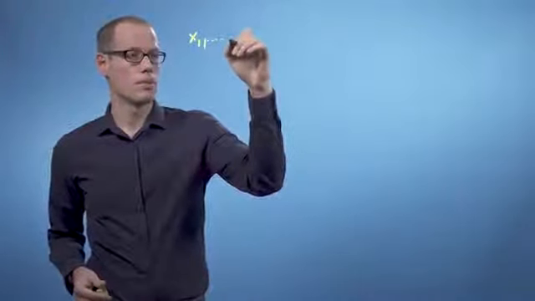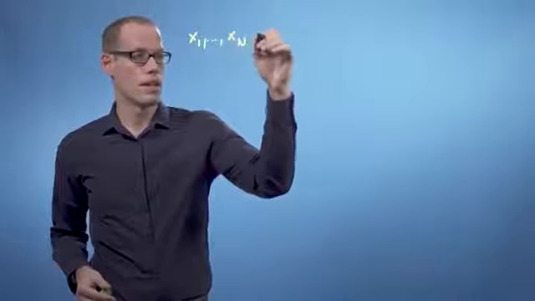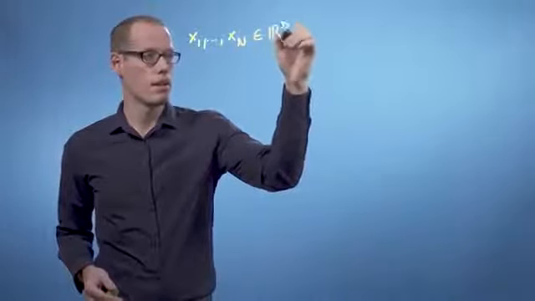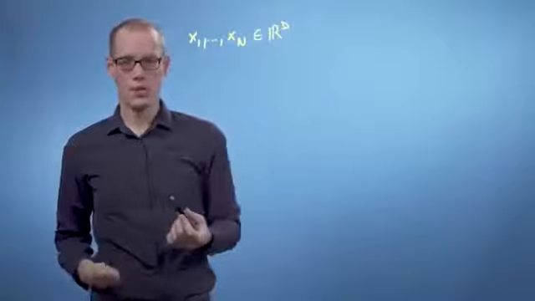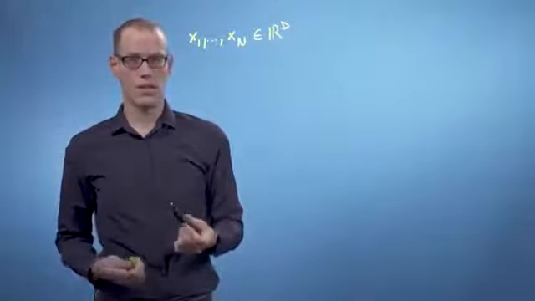In this video, we provide a solution to this problem for the case that we have substantially fewer data points than dimensions. Assume we have a data set given as x1 up to xn in Rd, and we assume that the data is centered, so it has mean 0.